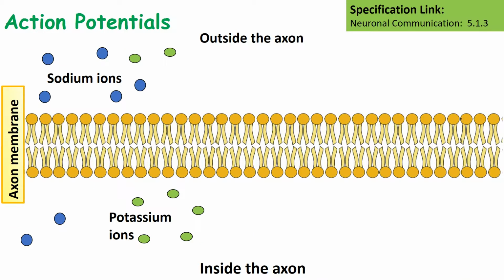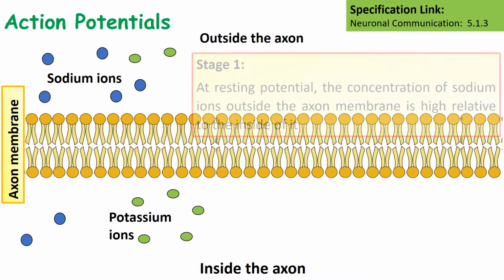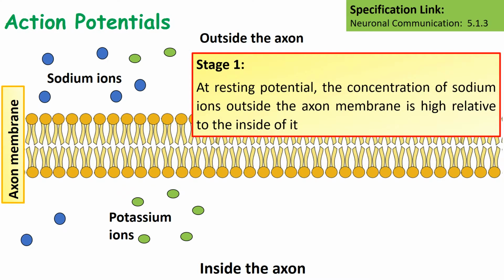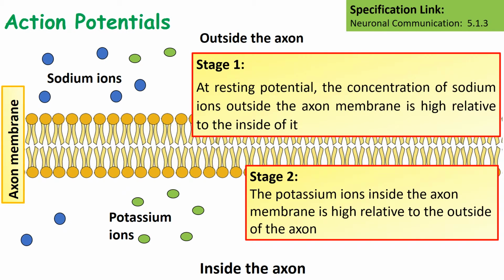When we look at action potentials, the first stage starts at a resting potential. The concentration of sodium ions outside the axon membrane is high relative to inside of it. The concentration of potassium ions inside the axon membrane is high relative to the outside of it.